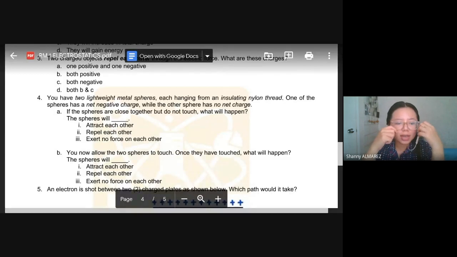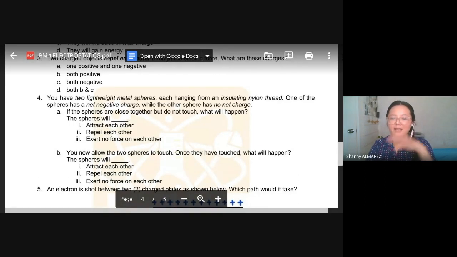So majority of the answers, pinili nyo yung exert no force on each other. So I believe that's also what is written on the answer key there. But at this point, I would like to correct it. So everyone, please correct the answer key. The correct answer to that is they should attract each other. Okay, paki-correct na lang po. The correct answer is 1.